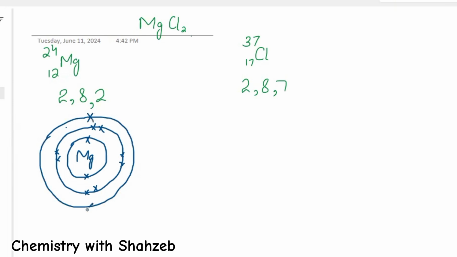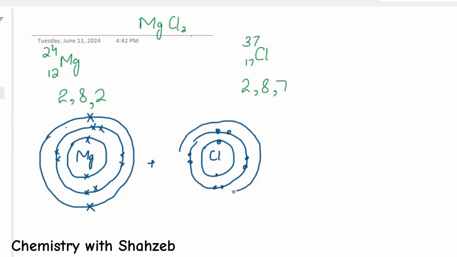I'm using cross for magnesium, so I have to use dot for chlorine. It has two electrons in its first shell, eight electrons in its second shell, and seven electrons in its third shell.